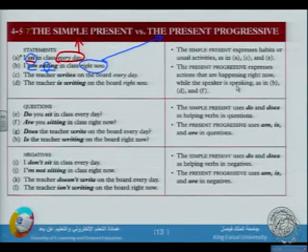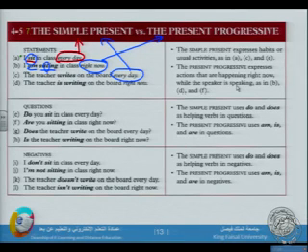For example, the teacher writes on the board every day. Every day indicates simple present. The teacher is writing on the board right now.